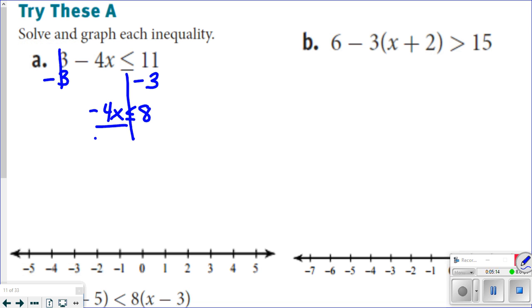Divide both sides by negative 4. Ding, ding, ding. What happens when we divide by negative? Flip your inequality symbol. 8 divided by negative 4 is negative 2.